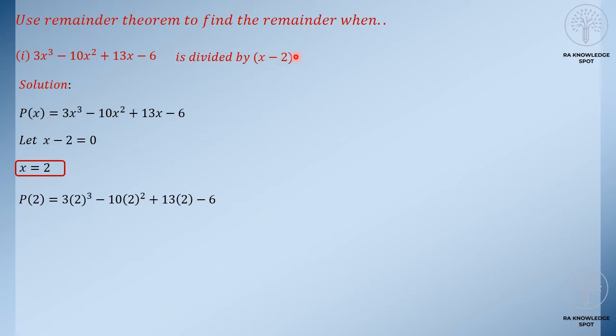Wherever you have the x, you have to put positive 2 in the whole question. This is the divisor or the factor that you have to insert in all the question, replacing this x. Now this is the polynomial where you have to put the value of x, and you have to call it the remainder.